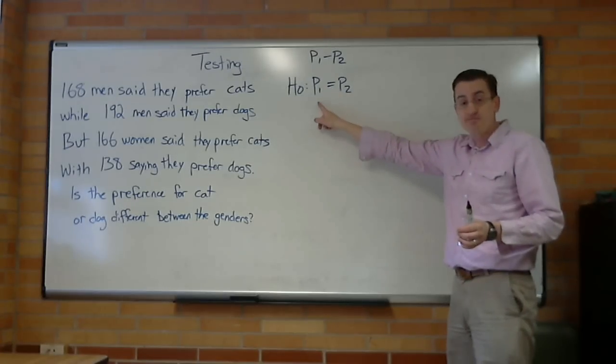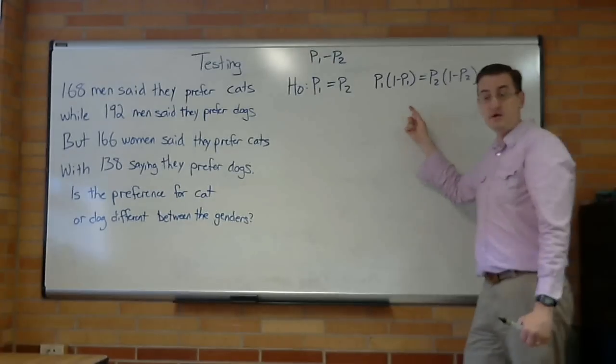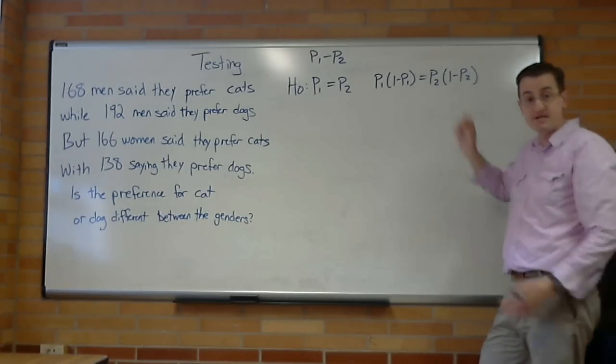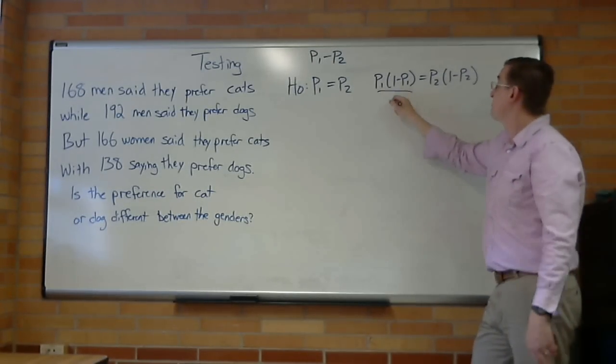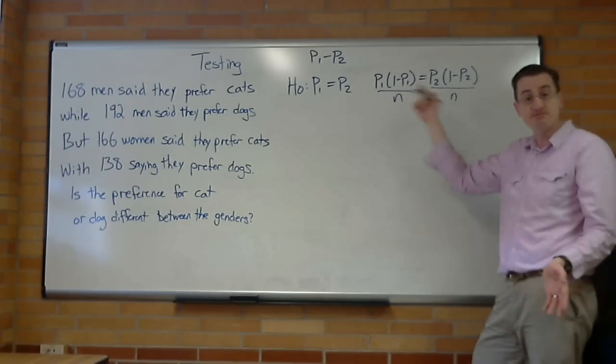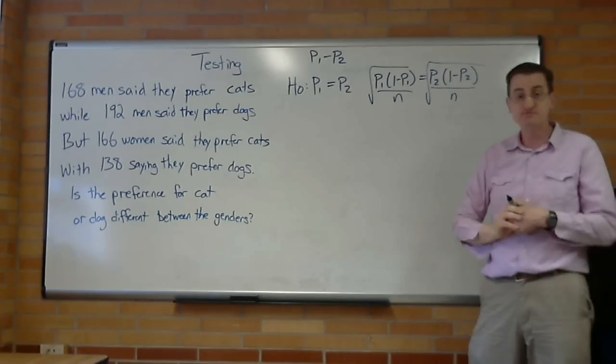Now, if the proportion of men really was equal to the proportion of women, then if we took P1 minus P for one side, that would be the same as P1 minus P for the other side. And if we took both of these and we divided it by n, we're still getting the same thing because the null says those proportions are supposed to be the same.